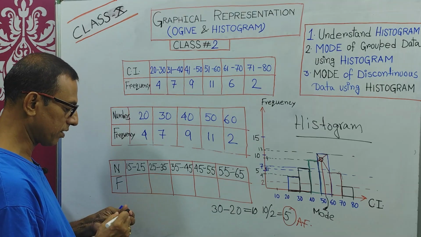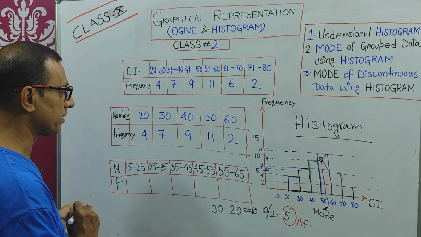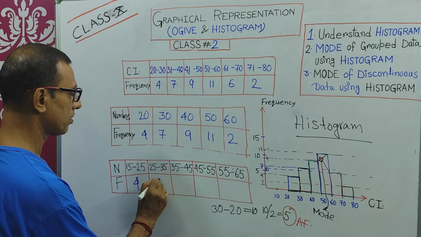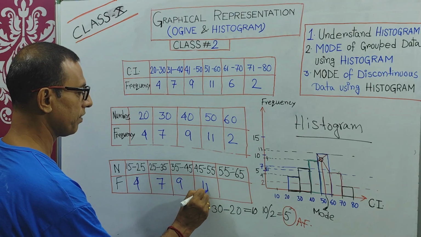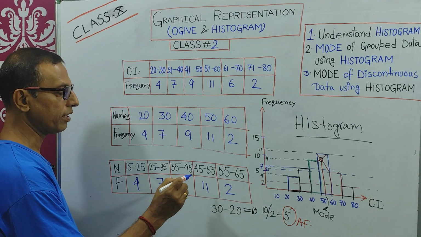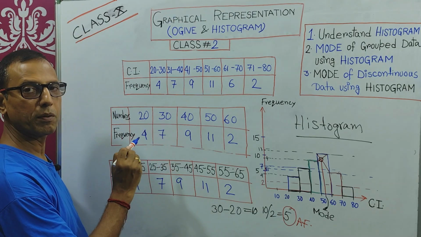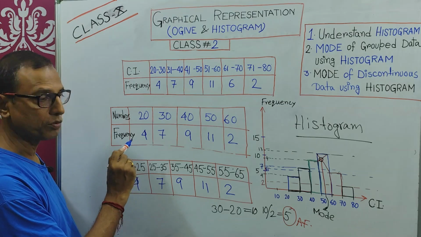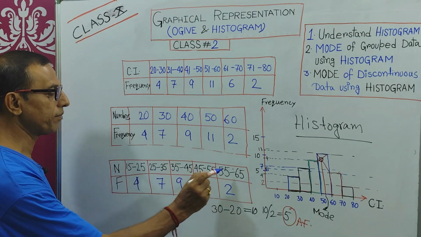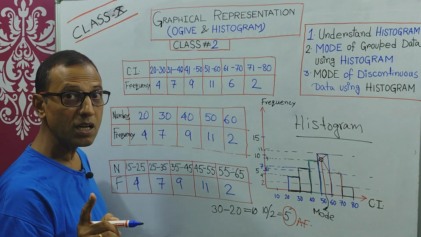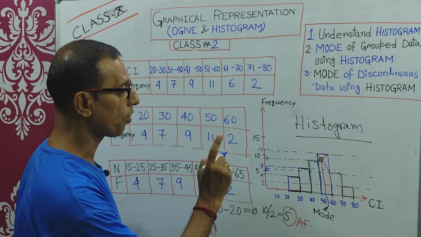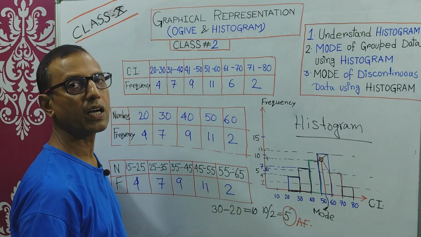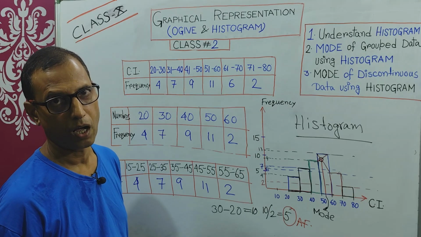Now whatever the frequency is, the same frequency is there: 4, 7, 9, 11, 2. But you can find the mode for this data set. If you are asked to find the mode using a histogram, you can do that because you have the continuous data set. That is the primary condition to draw a histogram: you need a continuous data set for group data.